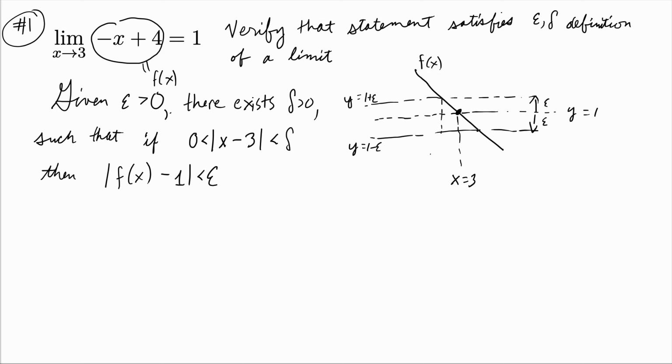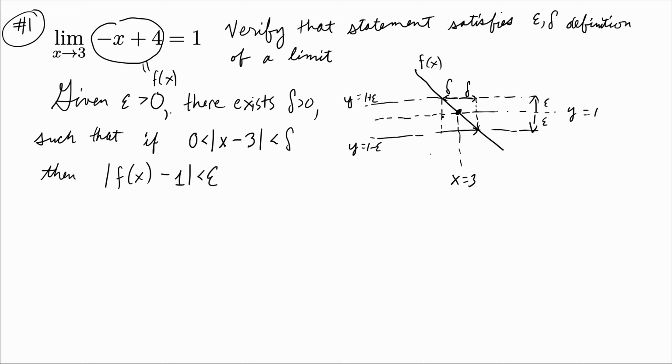Notice, because it's very symmetric, because it's a slope of -1, it's going to be the same distance to get to this point of entry as it is to get to this one. Why don't we just call that distance delta? That's an acceptable delta if we were to use that going each way.